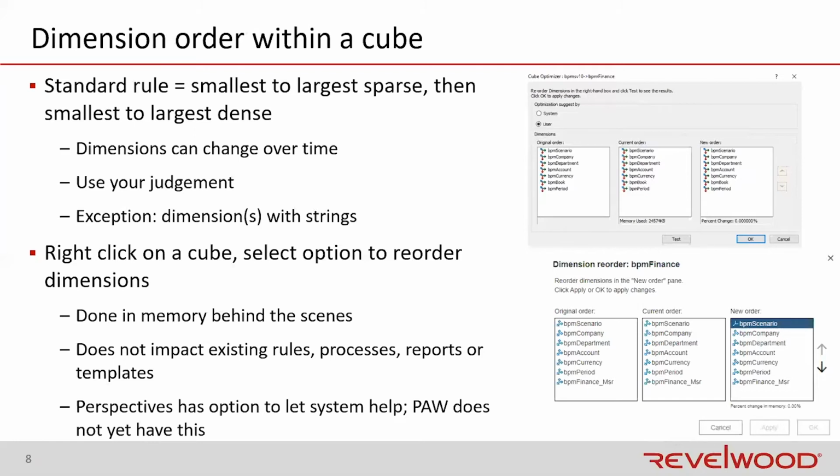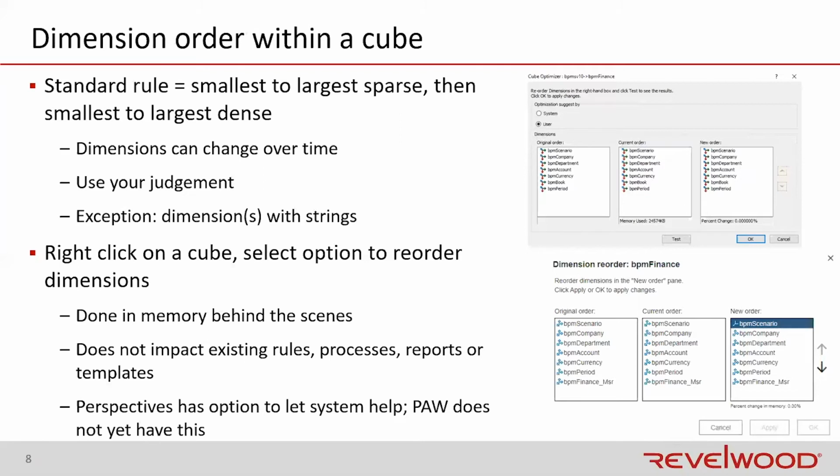When you do things associated with text or words, you do have to follow a little bit of a different process. And typically what that process is, tell TM1 that there's some kind of word associated. In this particular example, when you create a dimension where you have text, that has to come last. So when you do your rule, smallest to largest sparse, then smallest to largest dense, and if applicable, then strings.